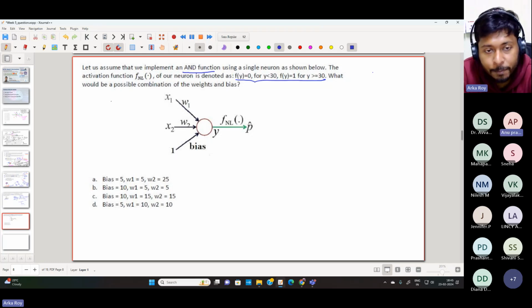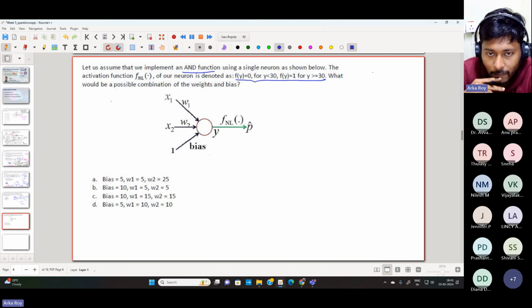Any other way? Because after all, for exams, time matters. So here I have tried out all the 4 possible outputs given in the choices, and then I found out. Is there any other way of doing it?